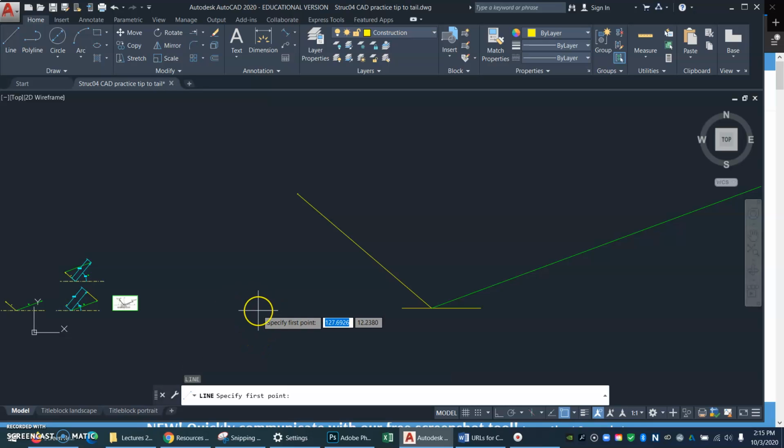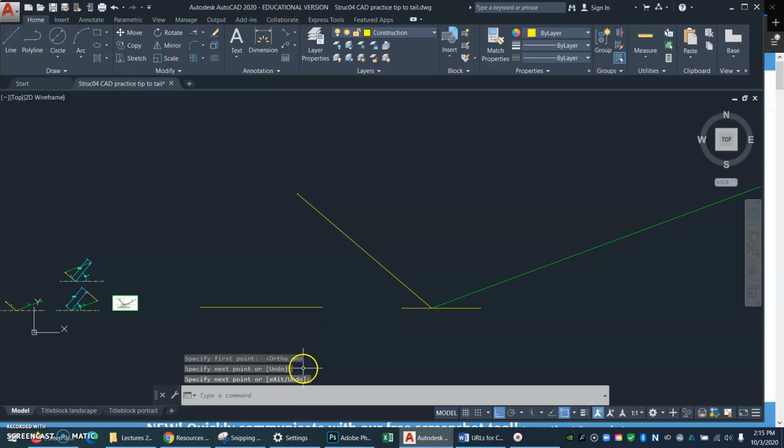So let me make a horizontal line. I could go one line that's 20 units long, tab, at an angle of 20, and I could do another line that's 10 units long, tab, at an angle of 140, enter.